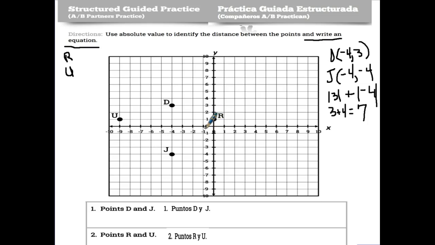So when I'm looking here where my y-axis crosses over the x-axis, x is 0 for R. Y is 1.